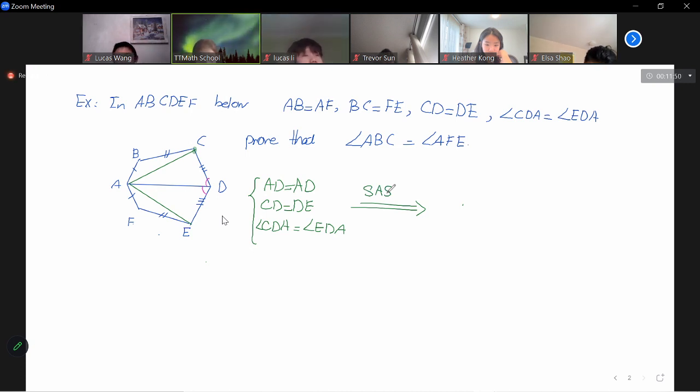Side angle side, these two triangles CDA. We have to make sure we write down the vertices correctly, so we have to write correspondingly. If I'm writing CDA for this, I have to write EDA for the other one. The triangle CDA and triangle EDA are congruent, right?